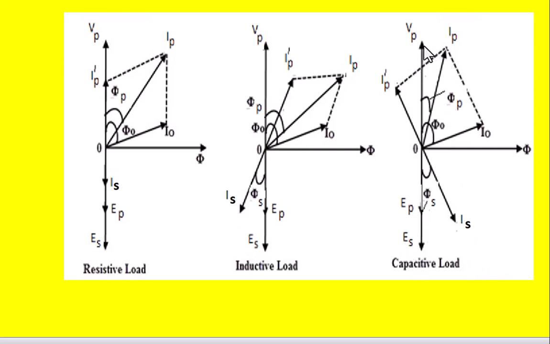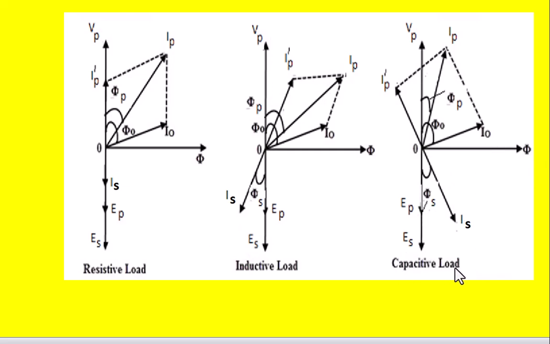The applied voltage to the primary winding is Vp, and the no load current drawn by the primary winding is called I0 like this, and this I0 produces flux in the core, and this will lag the applied voltage Vp or V1 by 90 degrees like this, and this flux produces induced EMF in the primary and secondary like this, EP or E1 in the primary, whereas ES in the secondary winding, this is also called E2, and this EP and ES or E1 and E2 will lag the flux by 90 degrees like this.